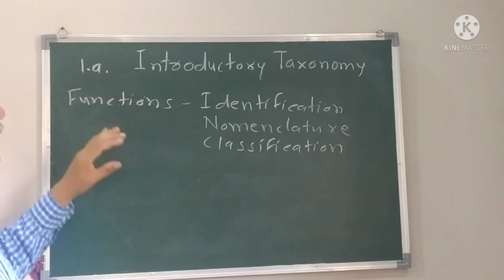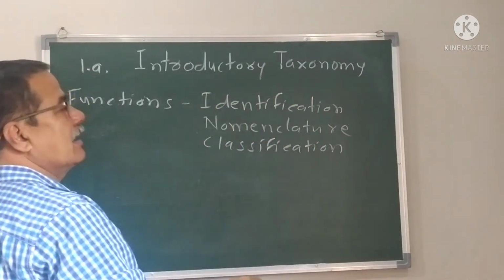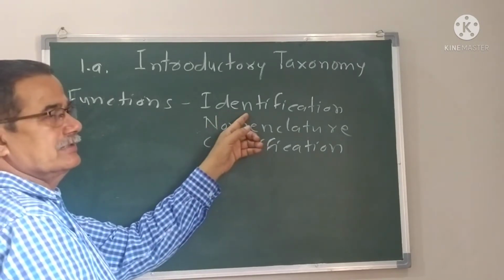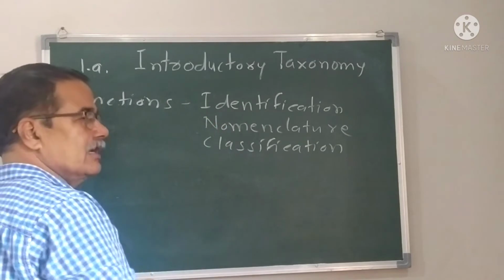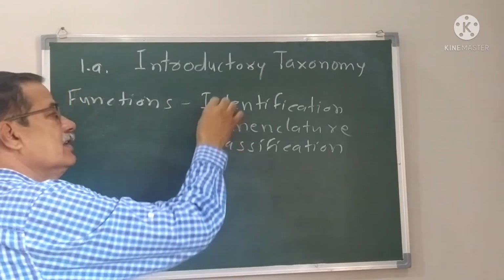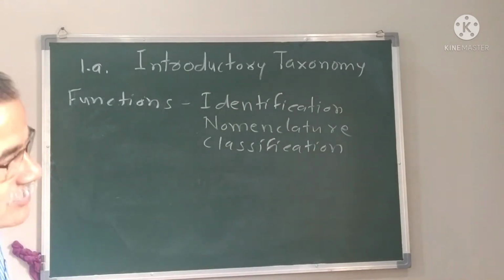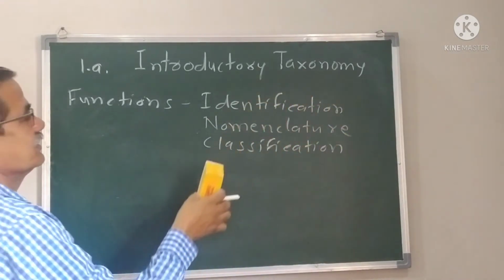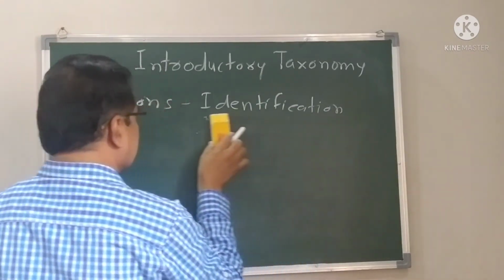Therefore, it works properly. Plants should first be identified on the basis of their characteristics. Then nomenclature takes place, binomial nomenclature. Then the plants are systematically classified on the basis of these characteristics and nomenclature.